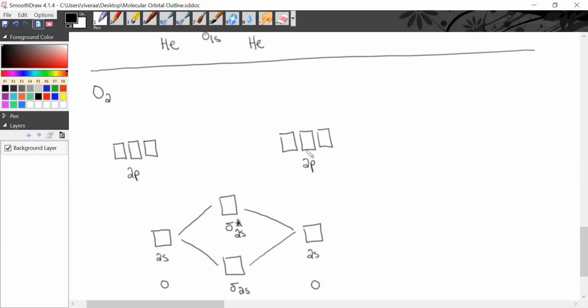So we do actually kind of have to think about what's going to happen here in terms of what it's going to create for a molecular orbital diagram. I want you guys to remember that p orbitals are these dumbbell things, right? That lie along different axes. Okay, so here is a px, but there's also a py.